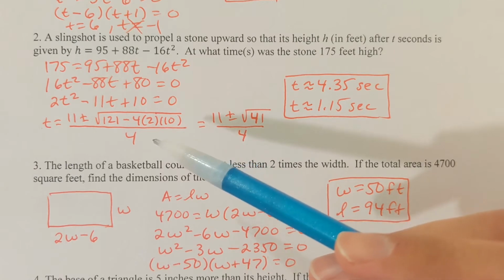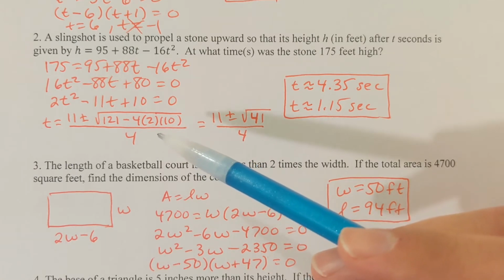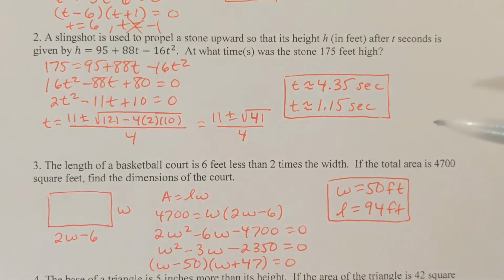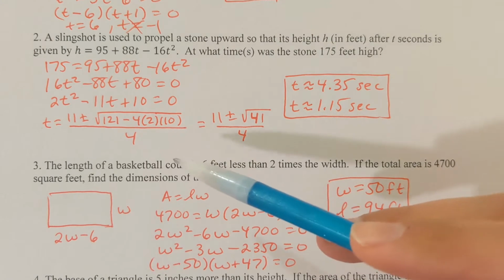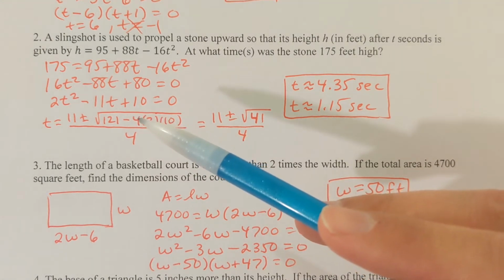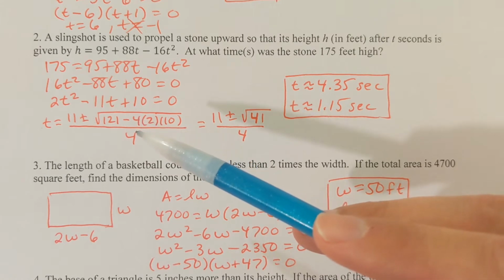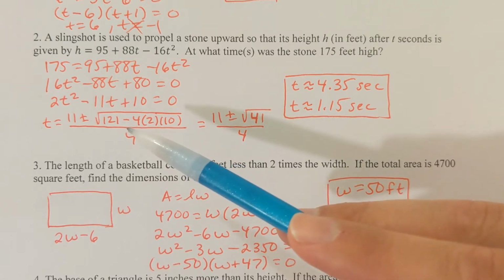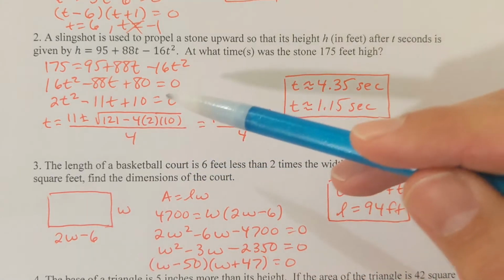Okay, t is equal to, and I'm using the quadratic formula here, the opposite of b, which is 11, plus or minus the square root of b squared, negative 11 times negative 11 is 121, minus 4 times a is 2, times c is 10.